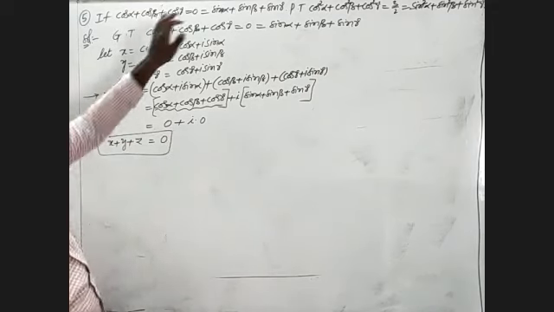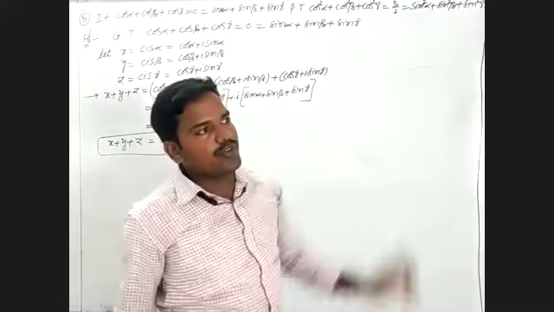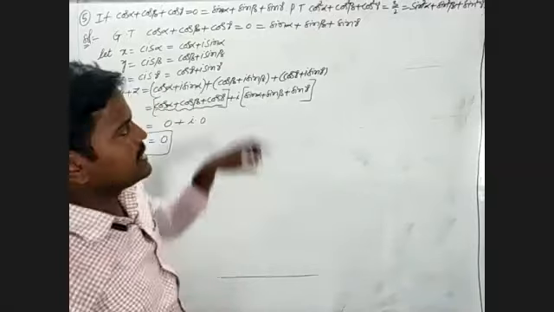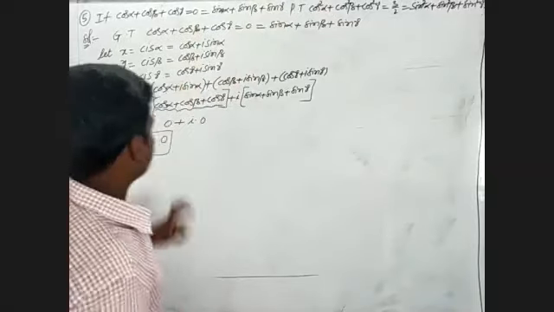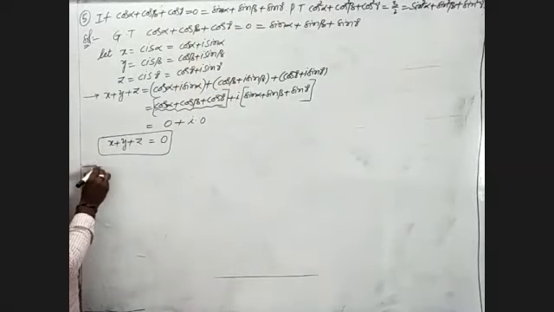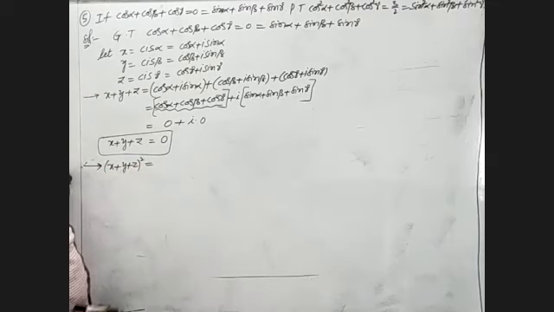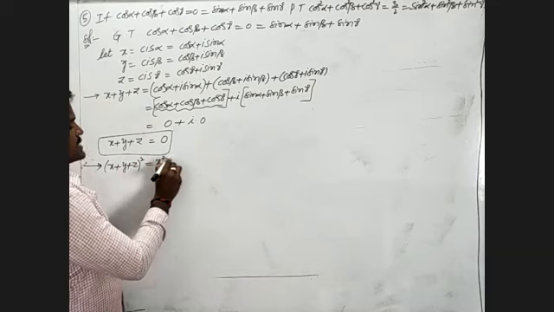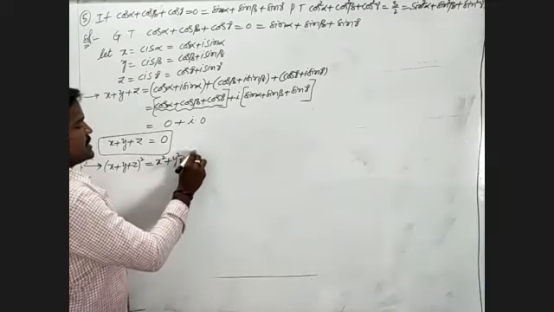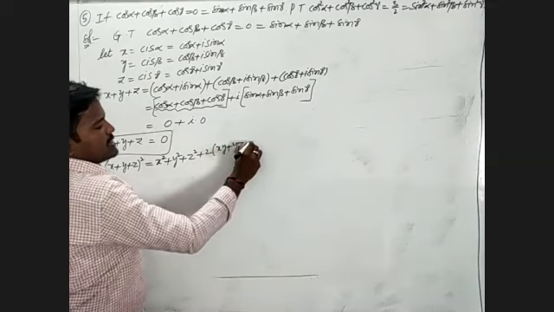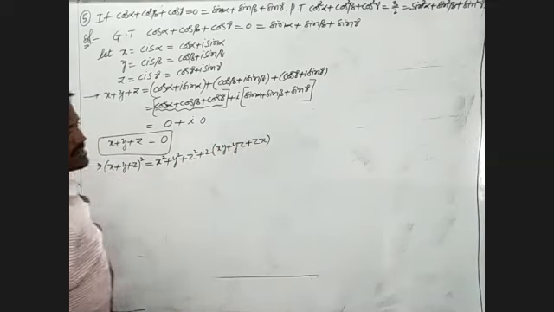In this given problem, what we have to prove is the sum of squares. I will take the formula (x + y + z) whole square equals x square + y square + z square + 2 of (xy + yz + zx).